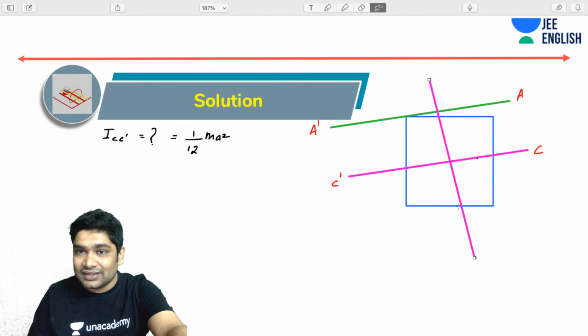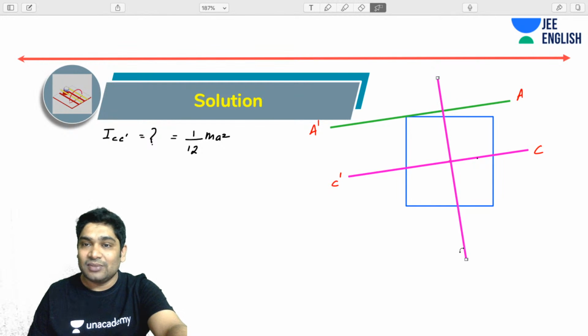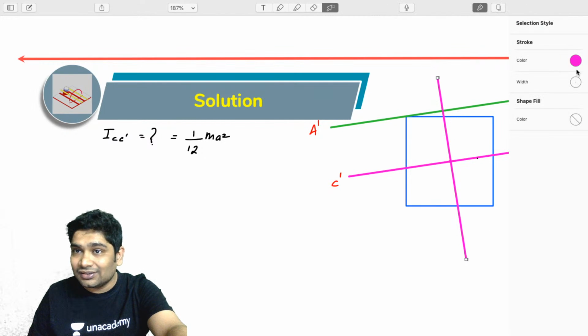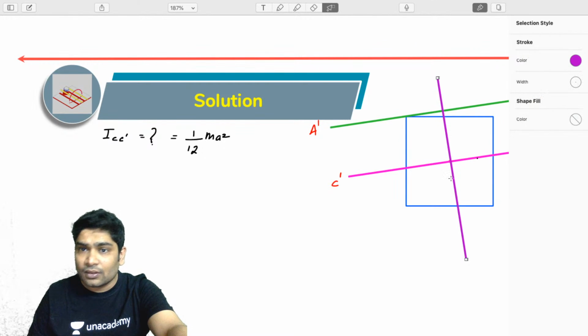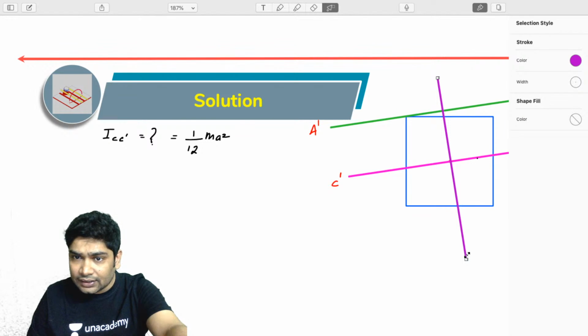Let's call this BB dash. Okay, let's give it a different color. This is an axis which is also passing through the center and perpendicular to this. Yeah, that seems about correct.